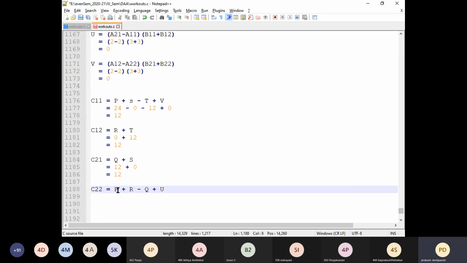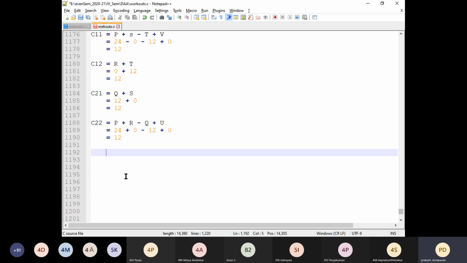Now, substitute the values for each of these variables. P is how much? 12, I think, right? Then plus R is 0. Then Q is 12. And then U is again 0. So you get the answer again as 12. So the final matrix is nothing but 12, 12, 12, and 12.